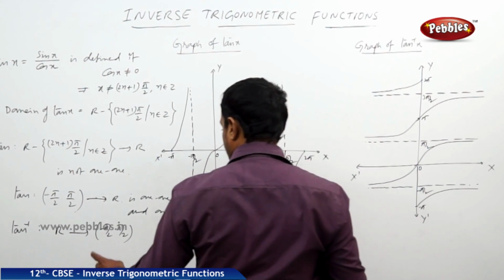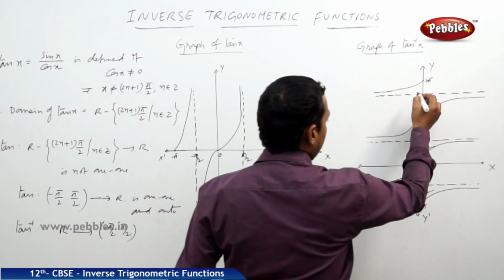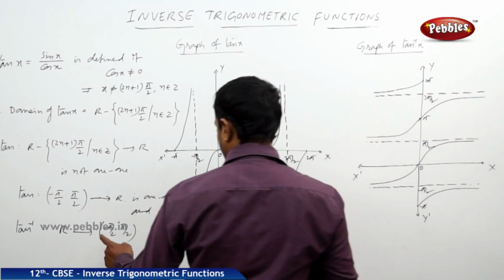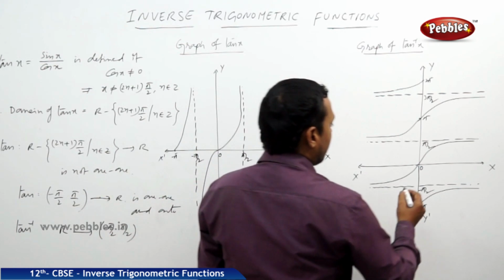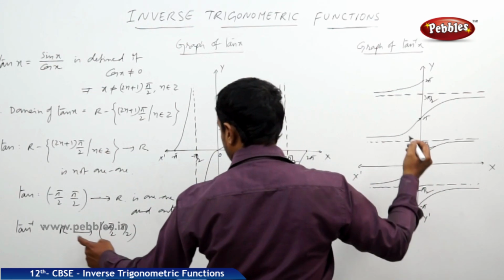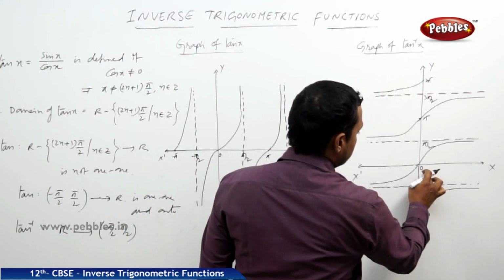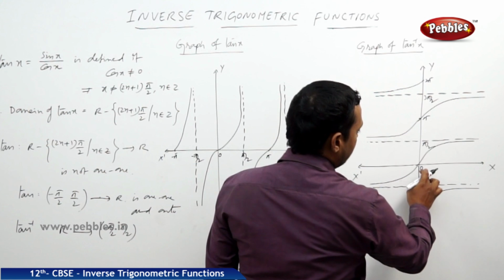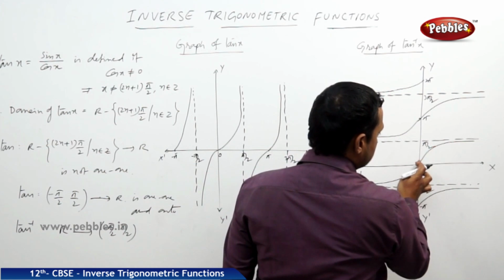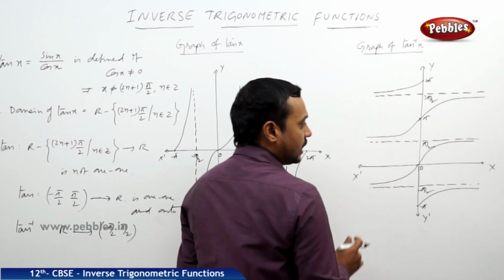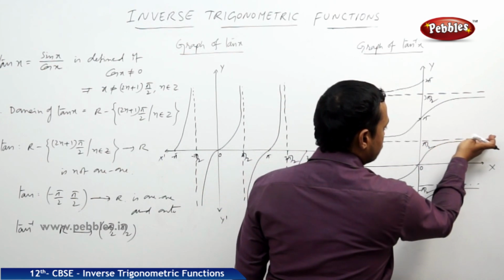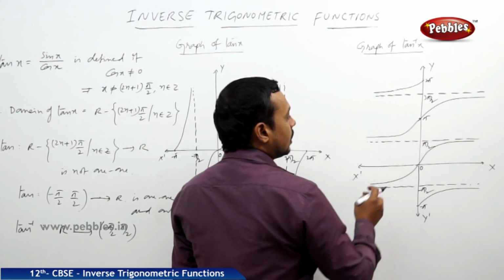Now here the domain is R, the set of real numbers from minus infinity to plus infinity. So here the graph of the tan inverse x function, tan inverse 0 is 0. As x tends to infinity, the tan inverse values tend to pi by 2.